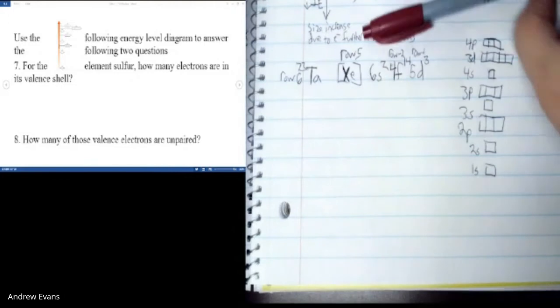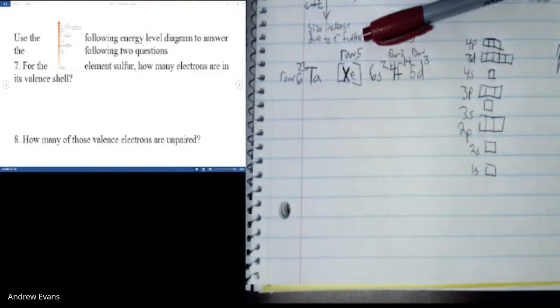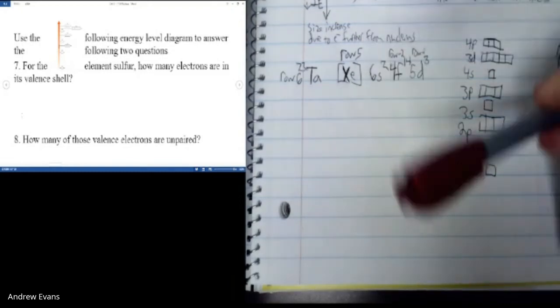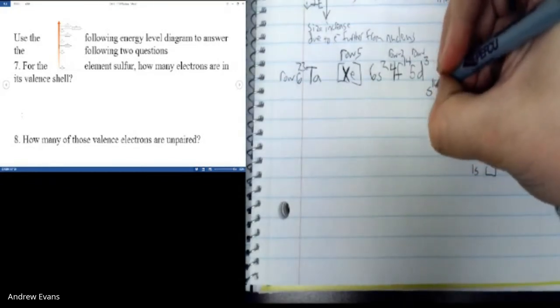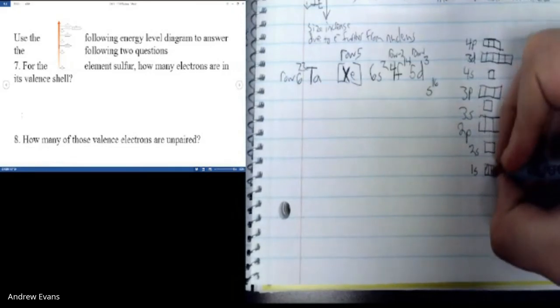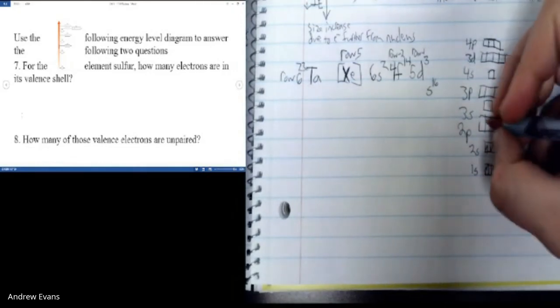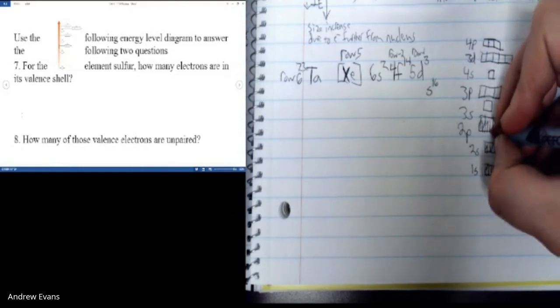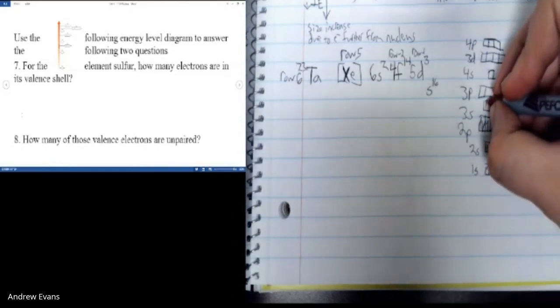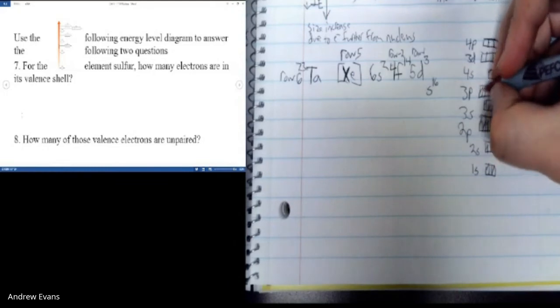Okay. Answer the following two questions. For the element sulfur, how many electrons are in its valence shell? So sulfur is element number 16. Let's put electrons. 1, 2, 3, 4, 5, 6, 7, 8, 9, 10, 11, 12, 13, 14, 15, 16.